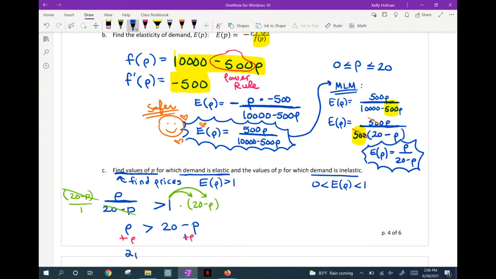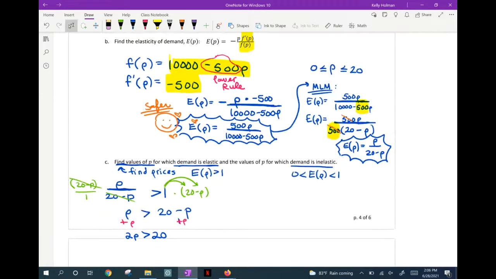Now I'll have 2P is greater than 20. So I divide both sides by 2. This is going to happen when P is greater than 10. So this means demand is elastic for prices greater than $10.